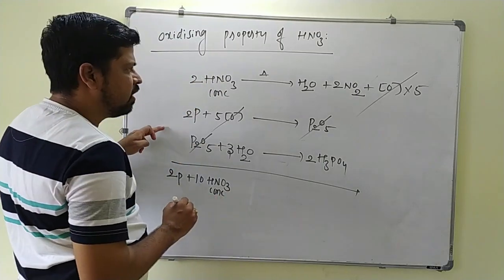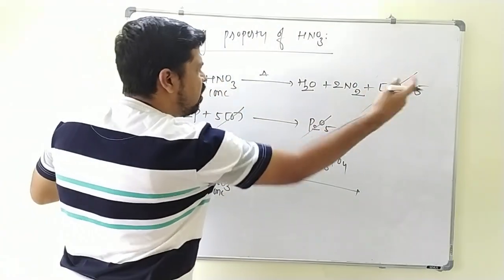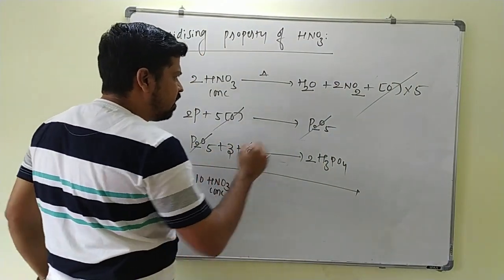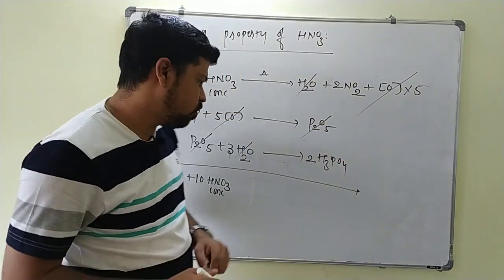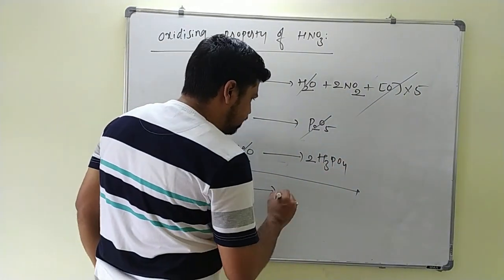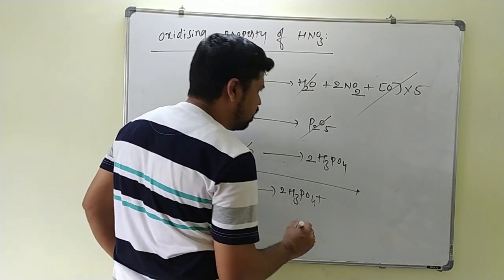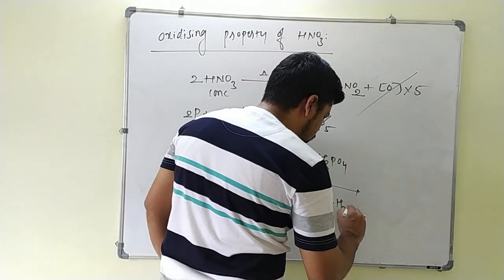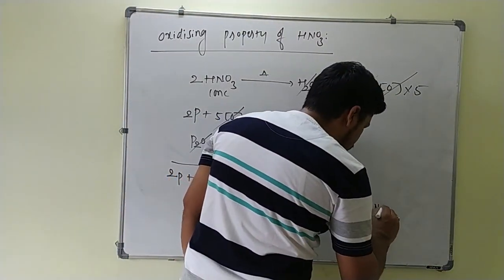And here how many water molecules? 5 water molecules. Here 3 water molecules. This side 2 water molecules are remaining. Here these water molecules get cancelled. 3 get cancelled. Remaining is what? 2 water molecules here. So we will write remaining is 2 times of H3PO4 plus 2 moles of water plus what is remaining here? 10 times of NO2.